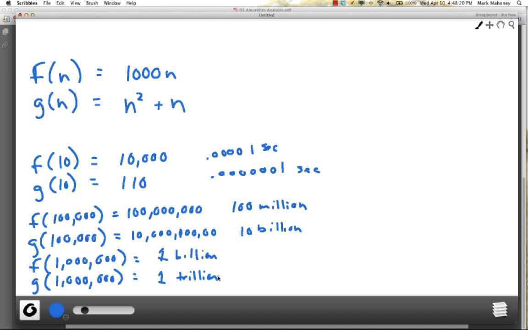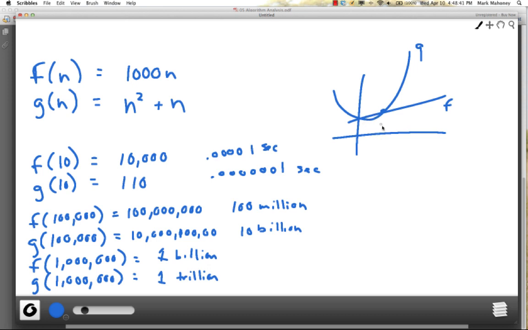And if you were to actually look at a graph of F and G, F would look something like this, and G would look something like this. So it's true, there was this point here where G was actually superior. Right?